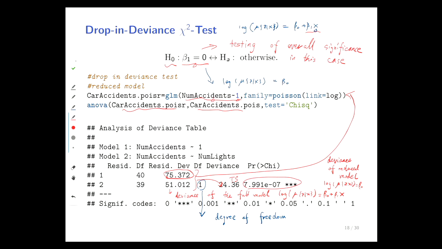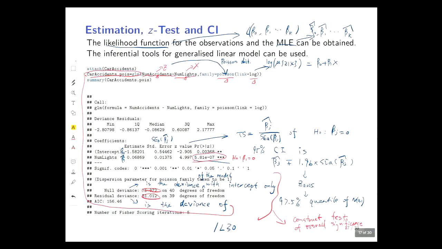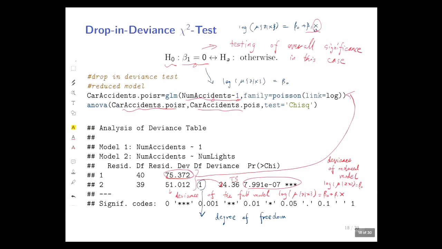And because this example is really special, we only have one explanatory variable, so you will find that the z-test for beta 1, the chi-square test for overall significance, and the chi-square test for one coefficient are all the same.